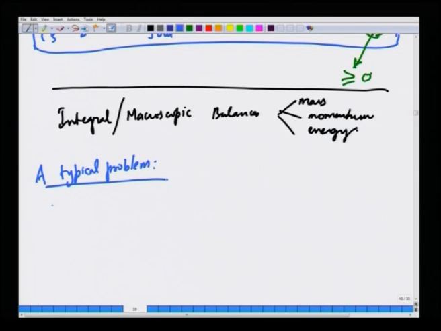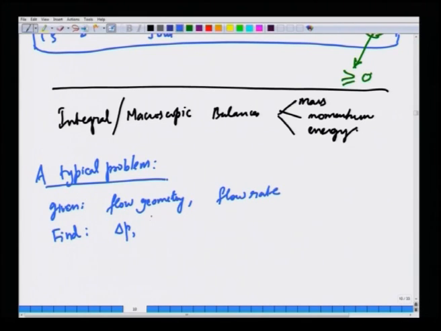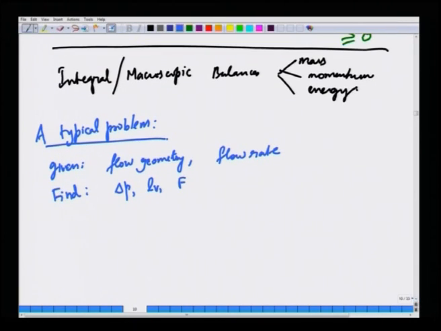Suppose you may be given a flow geometry, and you may be given a flow rate that is happening through the geometry, and we may be asked to find, for example, what is the pressure drop required to make the fluid flow, what are the losses that are involved, what are the forces that are exerted on various parts of the control surfaces because of the fact that fluid is flowing through this geometry.